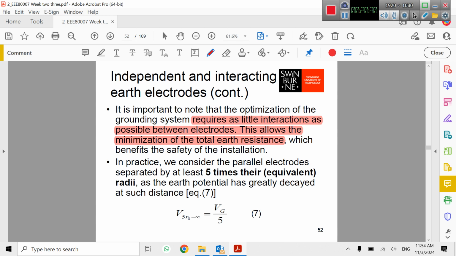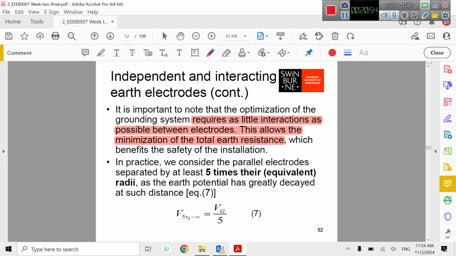In the real practical installation, the electrodes have to be optimized in the placing, meaning the grounding place, because they require a little interaction with each other to control the ground resistance.